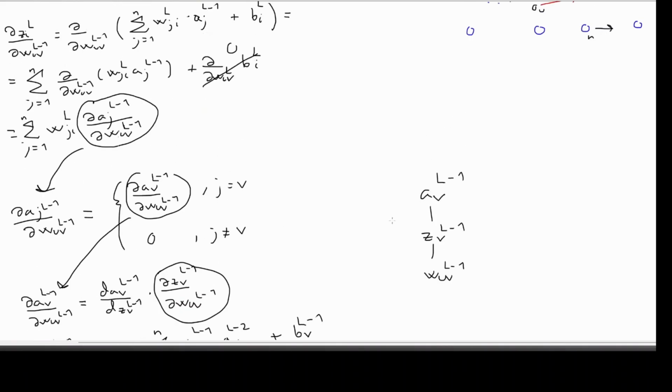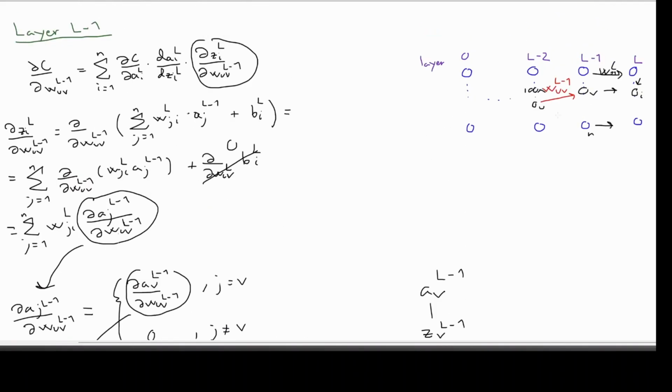Now, if we're at neuron v here, and we have some bias term which we add to our neuron v, and we have activations at the previous layer, we have to ask ourselves which quantities our weight affects. Does this weight affect the activations from layer L-2?